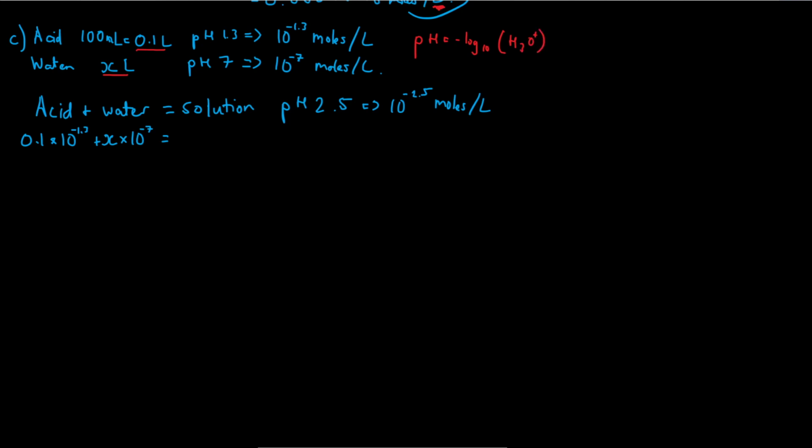So just sub in the pH of 1.3 or 2.5 and you'll get this value for the H3O plus, the hydronium. Now the solution, how much of the solution do we have? Well, we'll have that acid, of course, plus whatever amount of water that is. And we saw with the acid and the water, if we multiply the amount you have by the concentration, that'll tell you how many hydronium ions you should have. So this solution has a pH of 2.5, which means we would multiply that amount of water and acid by 10 to the negative 2.5.